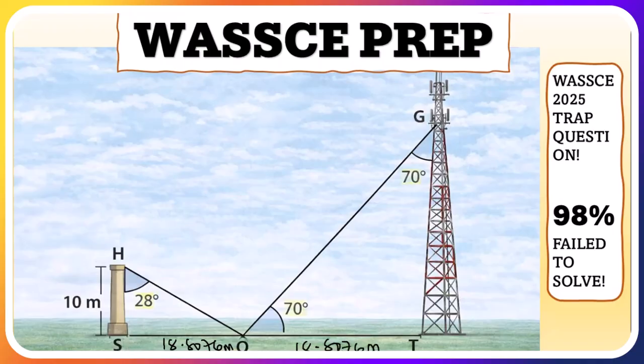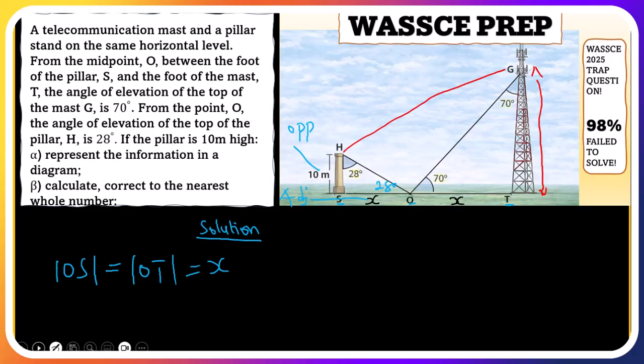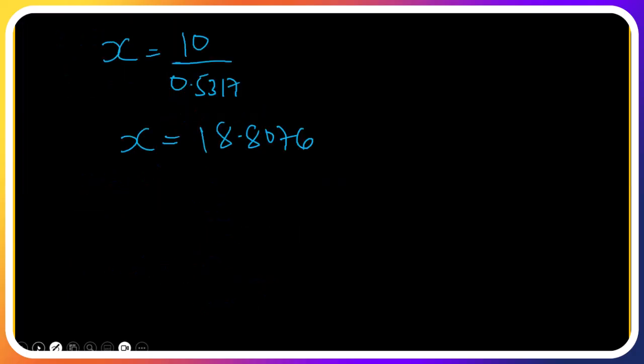Now with the help of the length of the base, we can calculate the height of the telecommunication mast by using the tangent ratio. Let's represent the height by the variable y, calculating the height of the line GT, which is the height of the telecommunication mast.